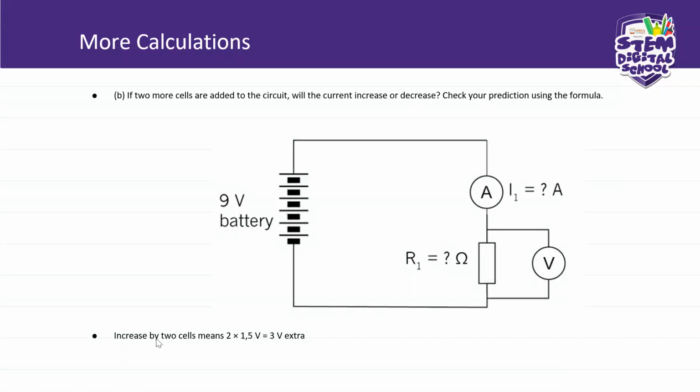It will increase by 2 cells, meaning 2 times 1.5 V. That is 3 volts extra. Okay? So this will be 12 volts. So the current will also increase. So this is the calculation.